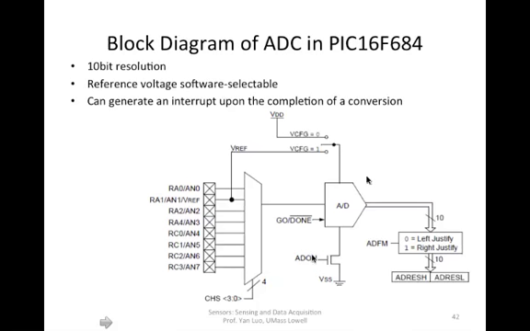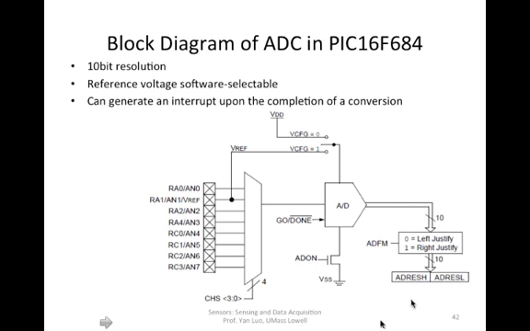This GO/DONE, you can guess that this is the control, right? You say go, that means you want to start a conversion, and once the conversion is done, this will be a 0. And ADON is another control signal, and ADFM is used to decide how you're going to fit the final value in the registers.